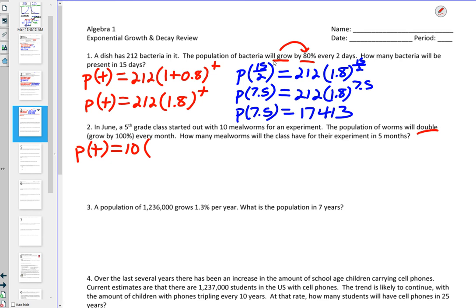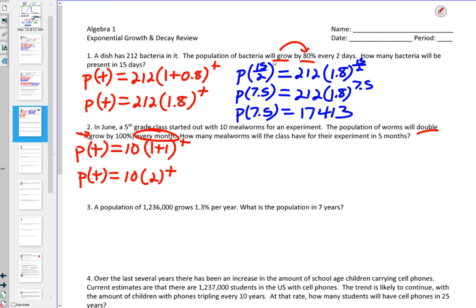But if you want to know how they got the 2, we always start with 1. The population is growing by 100%. What's 100% as a decimal? 1. 1 plus 1 is 2. So the population of the mealworms is 10 times 2 to the power of time. Here we're measuring time in months, and the cycle is every month.